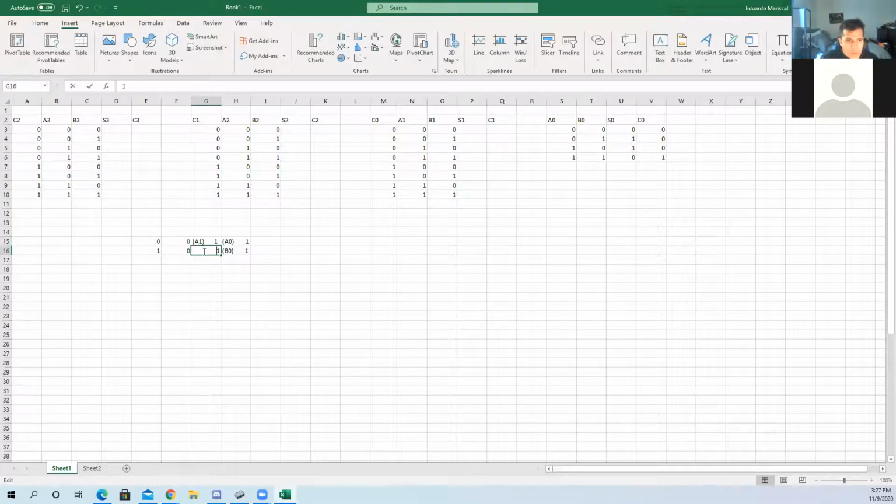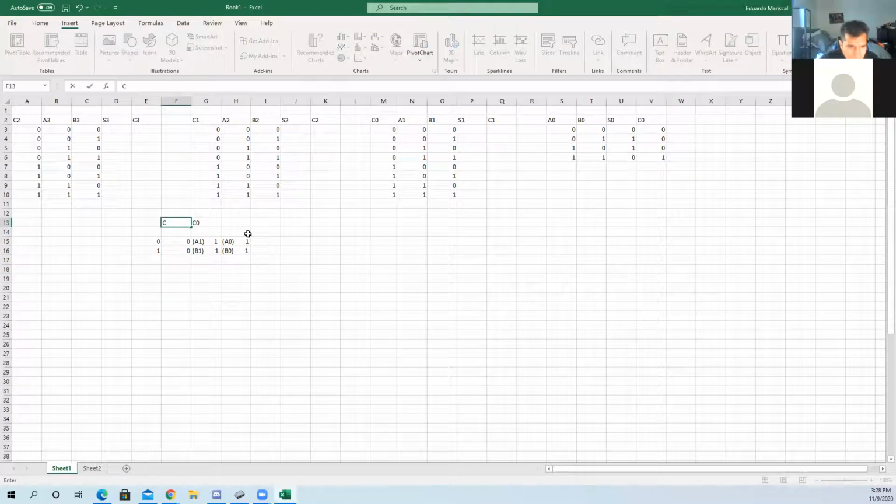This is your B1. And here is your carryover. This is what you carry over in the first one. So this is your Z0, Z1, Z2, what you carry over, and Z3.